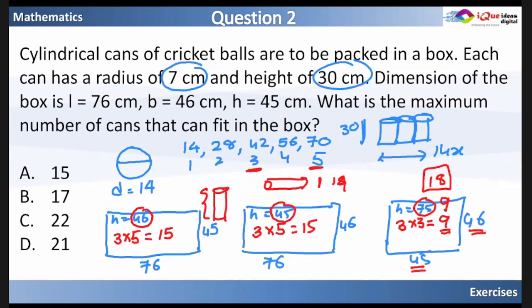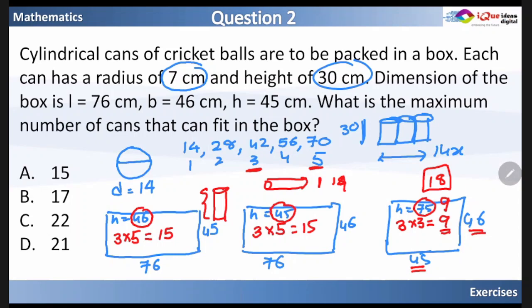Stack diagonally. Now if I stack it diagonally, isn't it actually going to occupy more space and waste a lot of space? Diagonal stacking is maximum only horizontally. See, the height here is 75. Now I'm going to consider all of them. In the first one, the height is 75, and I've already stacked 2 layers, I've got 18.